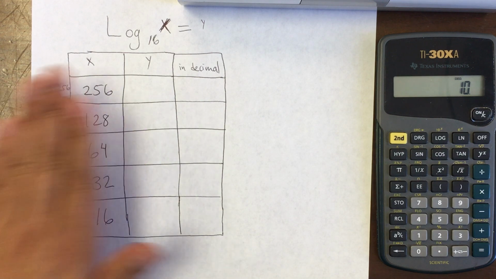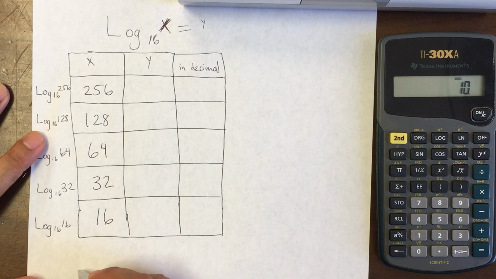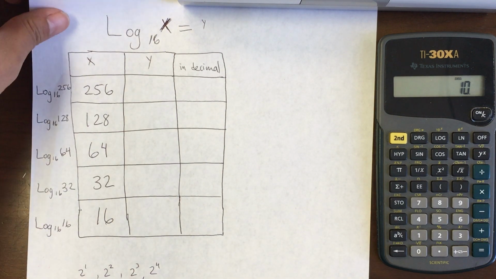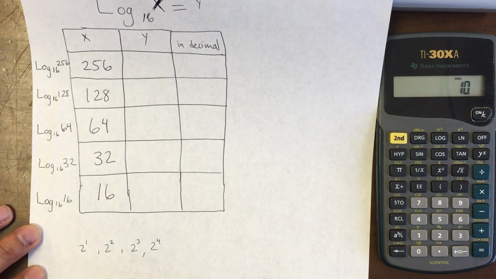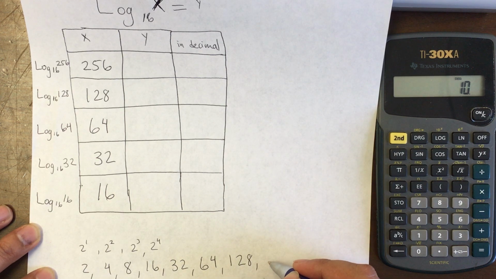And so before we even go into that, I would like for you to come up with values of 2 to the first power, 2 to the second power, 2 to the third power, 2 to the fourth power, etc. So the answer for this would be 2, 4, 8, 16, 32, 64, 128, 256.